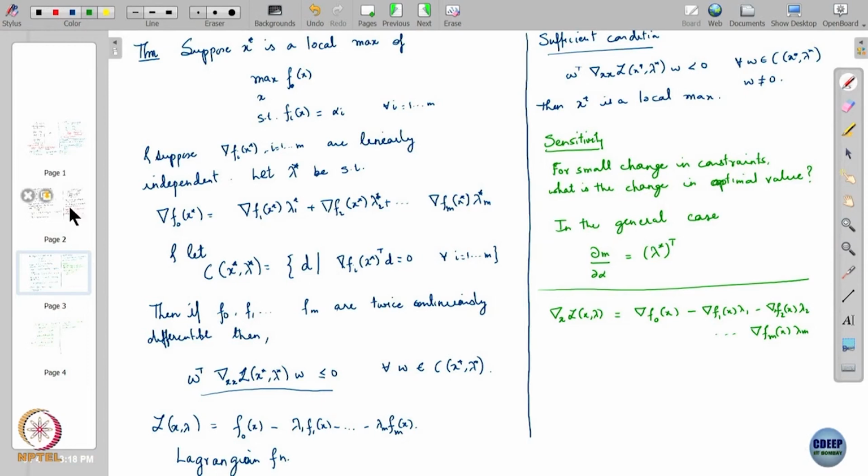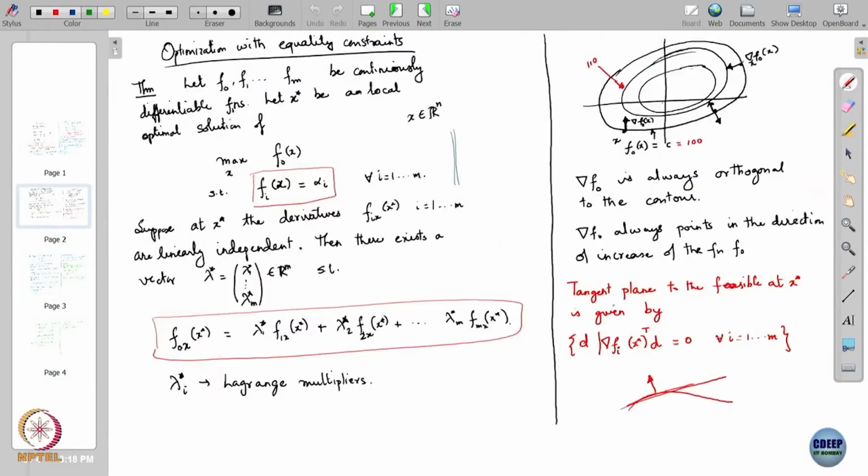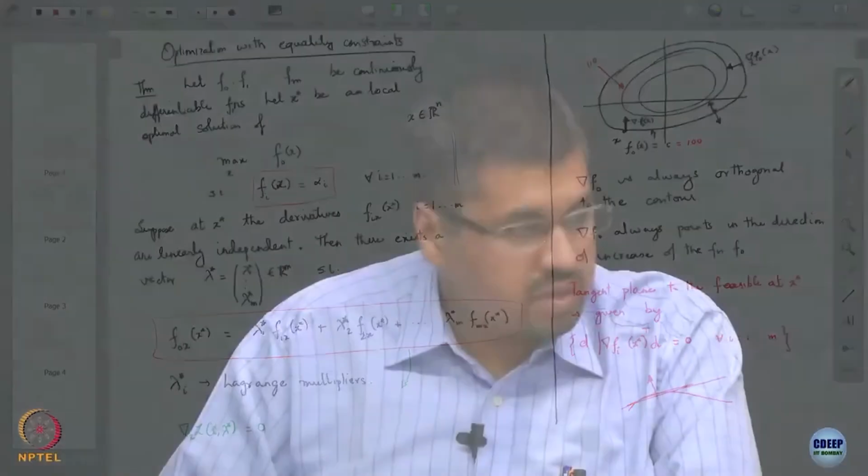And now go back to the boxed equation here. Can you write this equation in terms of this function L? If I just take the transpose of this, what this would amount to is saying that the gradient of this Lagrangian with respect to x evaluated at x star, lambda star should be equal to 0, right.